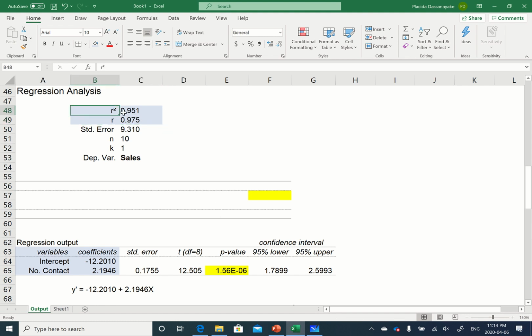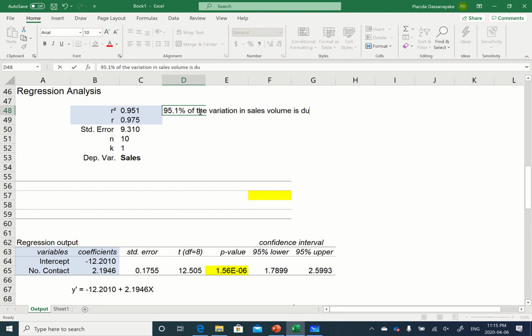R square is 0.951, so 95.1% of the variation in sales volume is due to the contacts made. You don't need any further analysis. It is very clear that the major factor which decides the sales volume for this company is how many customers they managed to contact.